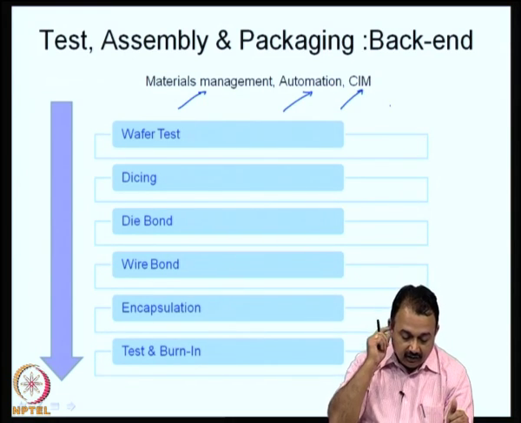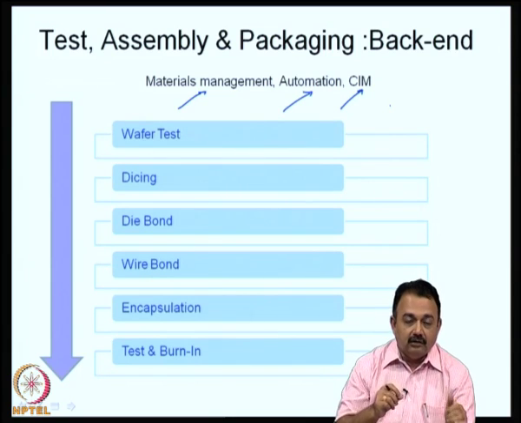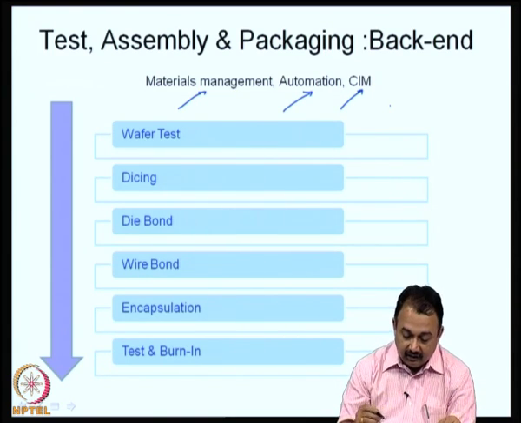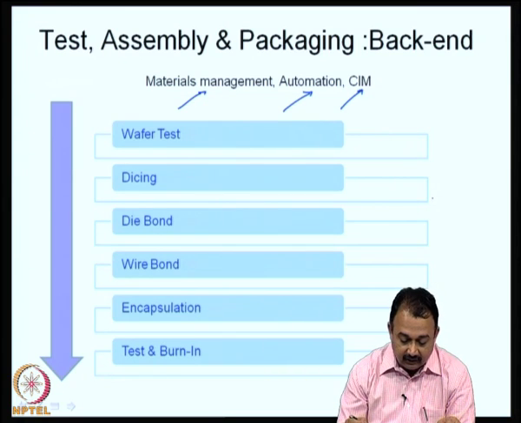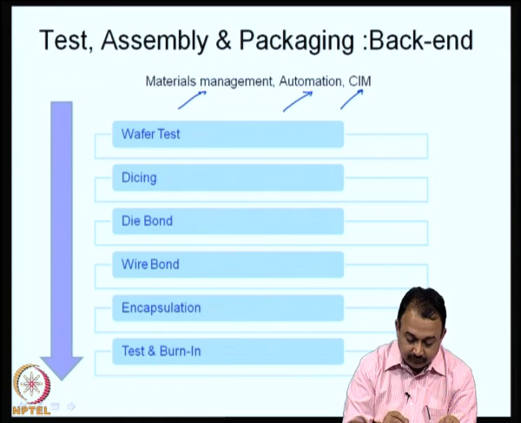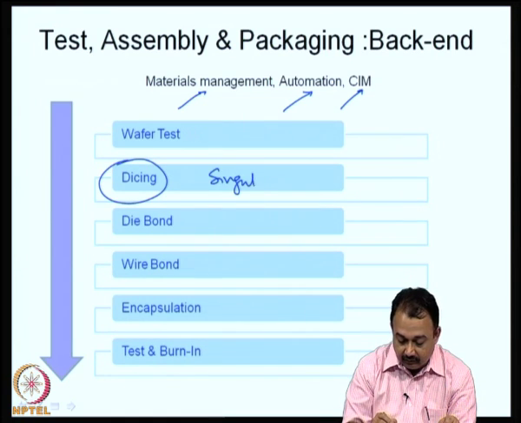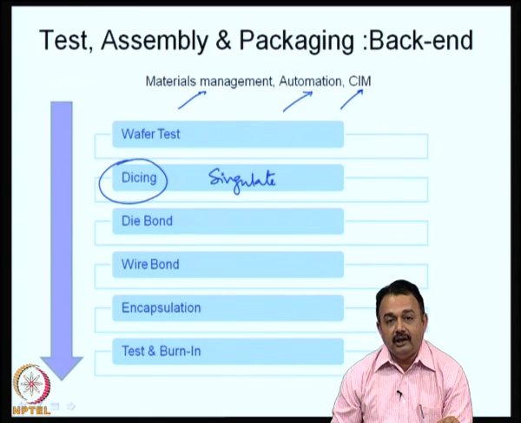Now, the wafer is tested. Okay. The wafer with the dies are tested electrically, typically for shorts and opens and connectivities. After that, dicing is done. Here you are now going to singulate each die from the wafer.